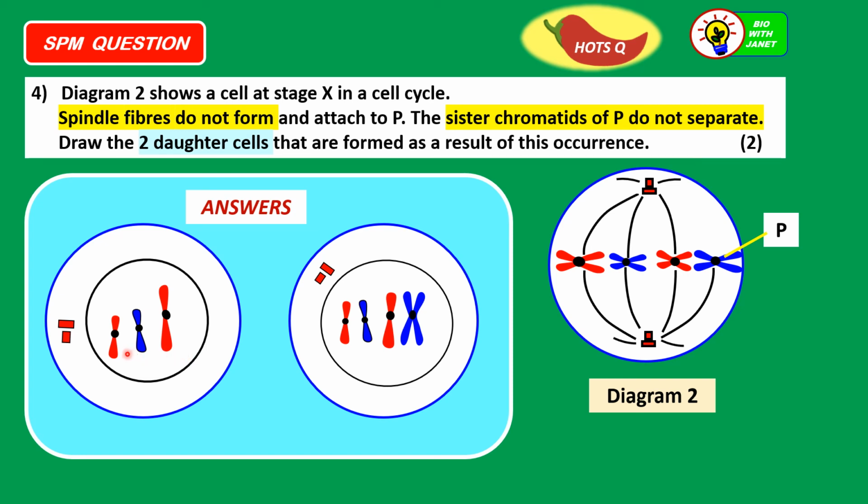Okay, so only 3 chromosomes are found in this daughter cell, and the other one has an extra bit of this chromosome. Okay, it has 1 extra DNA strand here for this chromosome. All right, so I hope you have understood how to draw the drawings.